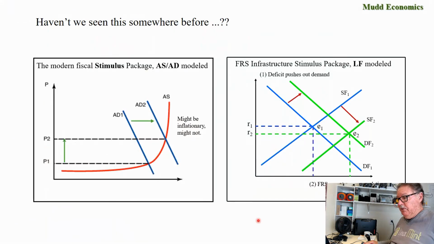We have seen it before, remember? We pointed out that these kinds of stimulus packages do stimulate the economy, as we saw in the aggregate supply, aggregate demand model. Remember, we said that if you stimulate through a combination of the money supply and fiscal policy, there'll be a shift out in the aggregate demand curve. In this example shown here, this is moving it into the inflationary region.